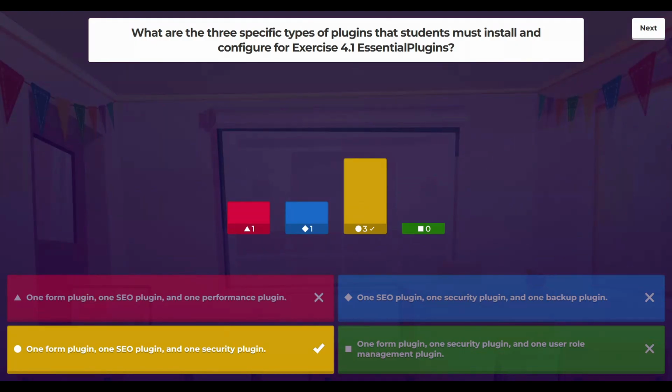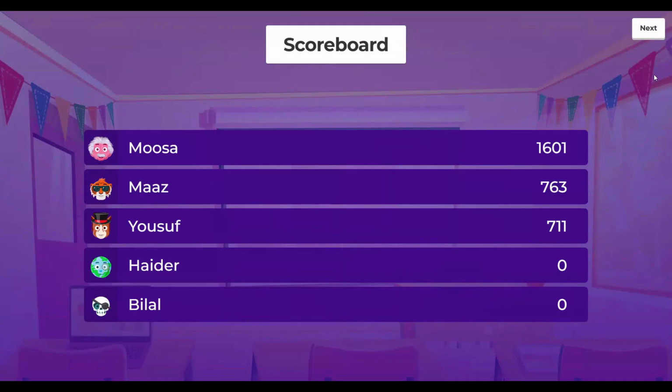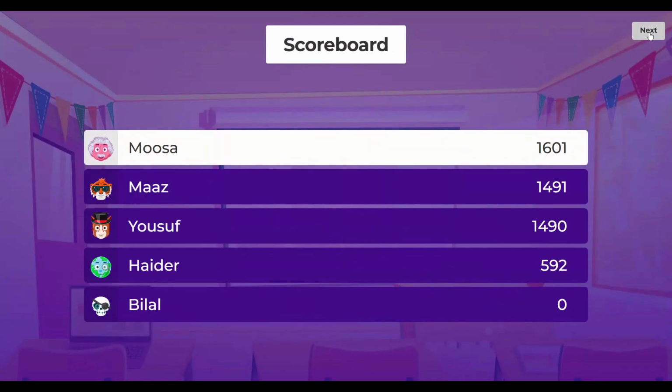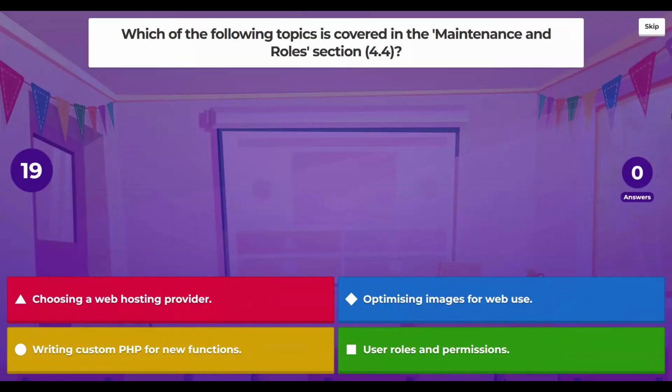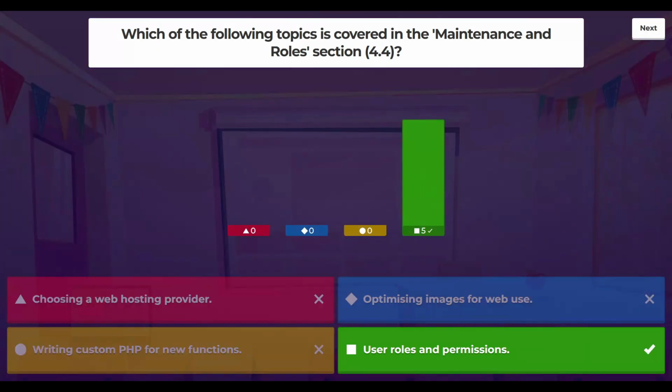Yeah, the correct answer was the form plugin, SEO, and security. Yeah, this was pretty obvious.